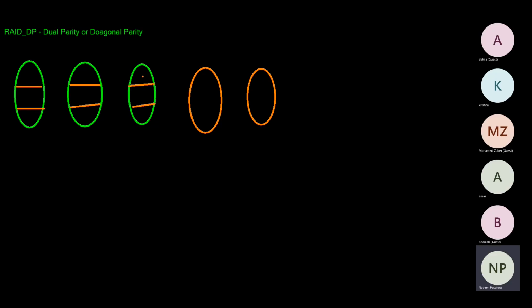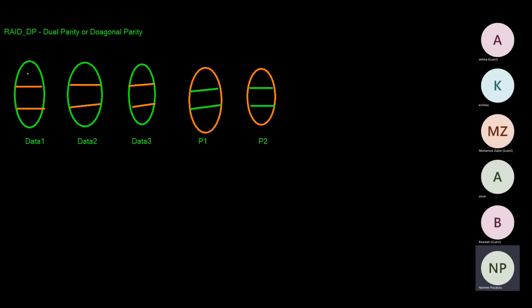As I told you, the name itself says dual parity, which means it will have two parity drives. This is my data disk 1, data disk 2, data disk 3, and this is my parity 1, parity 2.